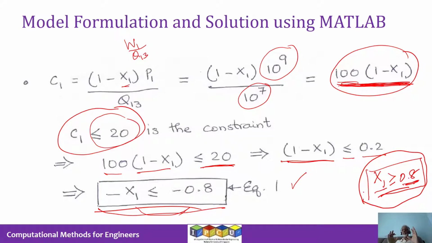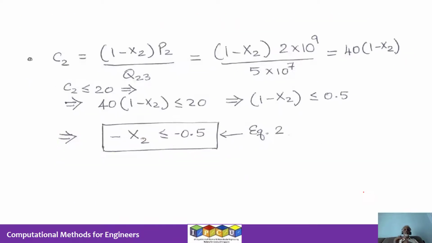Now, if you come to the second junction, C2 we know is equal to W2 by Q23, which is also equal to (1 minus x2) times P2 divided by Q23. If you substitute the values for P2 and Q23 that are given, we get C2 equal to 40 times (1 minus x2).